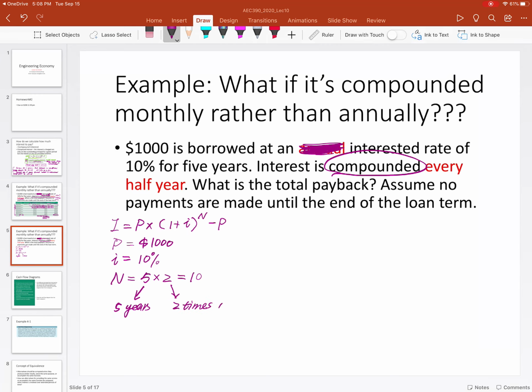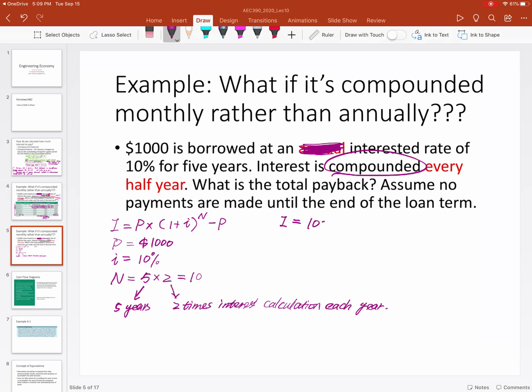2 times interest calculation each year. Make sense? So in the end, you got 10 times the interest needs to be calculated during the 5 years. All right, so substitute these numbers.